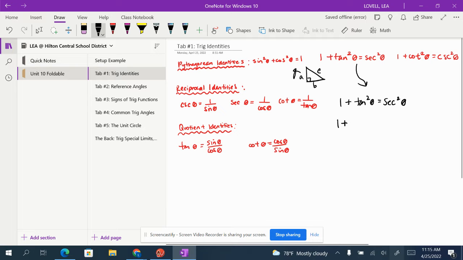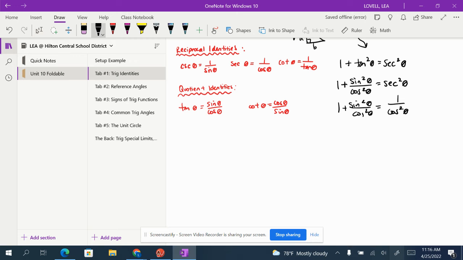So tangent squared theta can be rewritten as sine squared theta over cosine squared theta. So I have 1 plus sine squared theta over cosine squared theta equals, remember, secant squared theta can be rewritten as 1 over cosine squared theta.